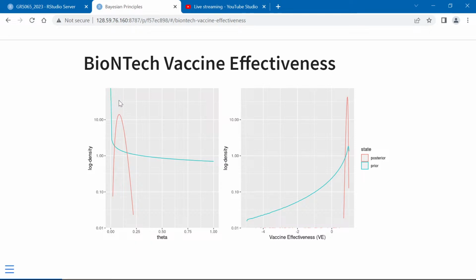And because of that shape, it implied this for the vaccine effectiveness. Vaccine effectiveness is 1 minus 2 theta in the numerator and 1 minus theta in the denominator. And it implied this blue distribution of prior beliefs about vaccine effectiveness before the trial started.